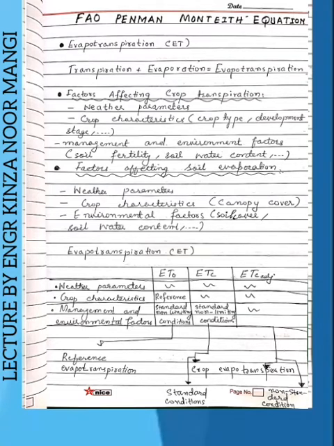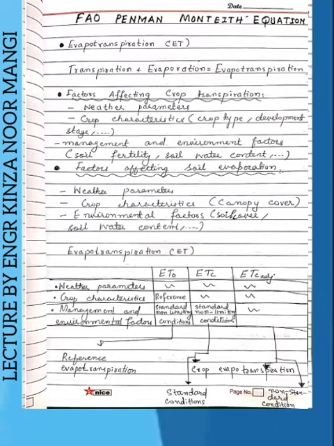But when the water evaporates from the surface of the crop or soil, that is basically soil evaporation, meaning the water converts into water vapor and joins the atmosphere. Combined, both are called evapotranspiration.